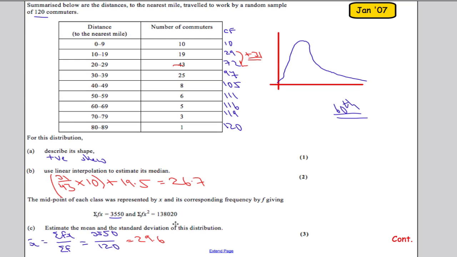And to get the standard deviation, I'm going to calculate the variance by doing the mean of the squares. So sum of fx squared over sum of f. So that's the mean of the squares minus the square of the mean.